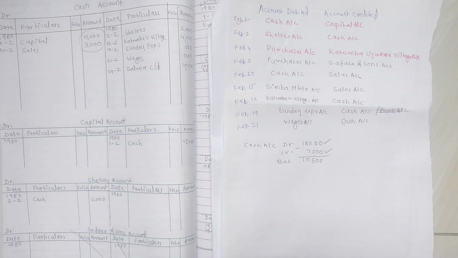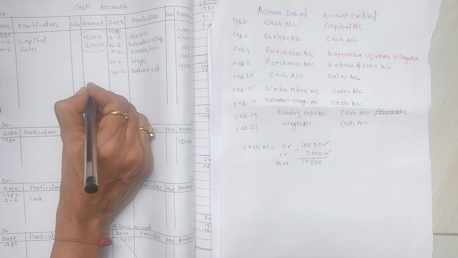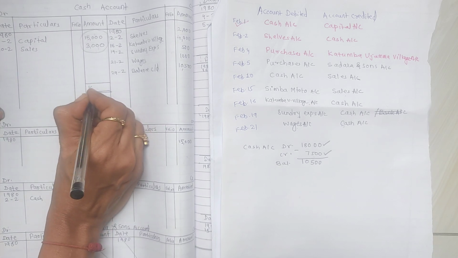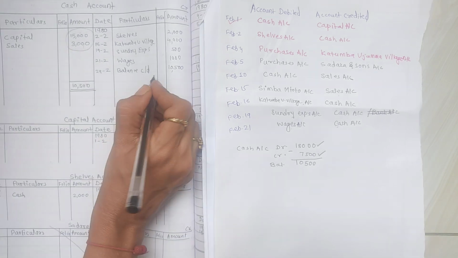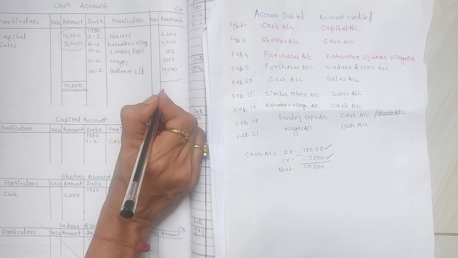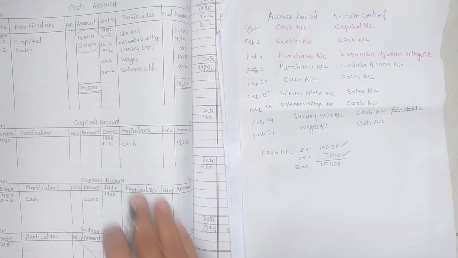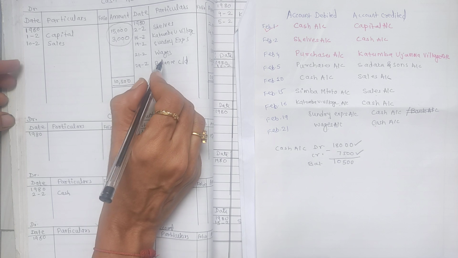Now write down the total on both sides. We already made the total. After writing the difference on the lower side, you can see the total is the same on both sides. This balance is carried to the opposite side.